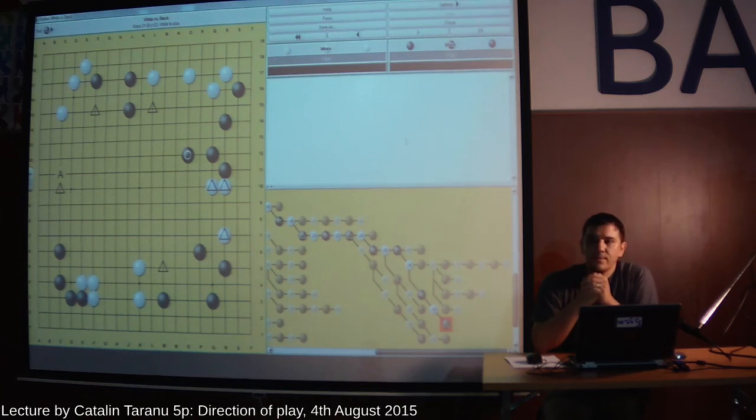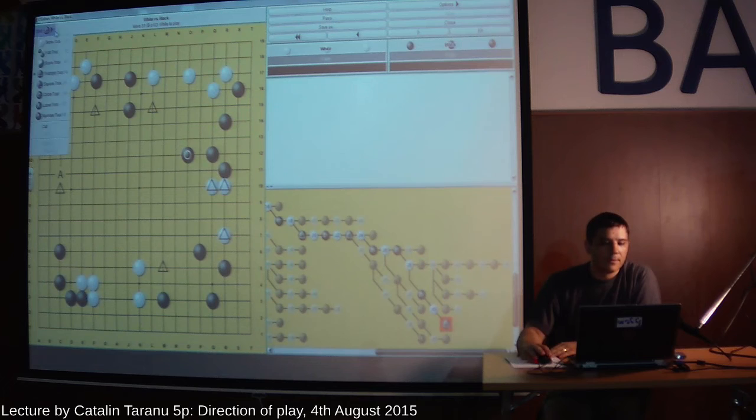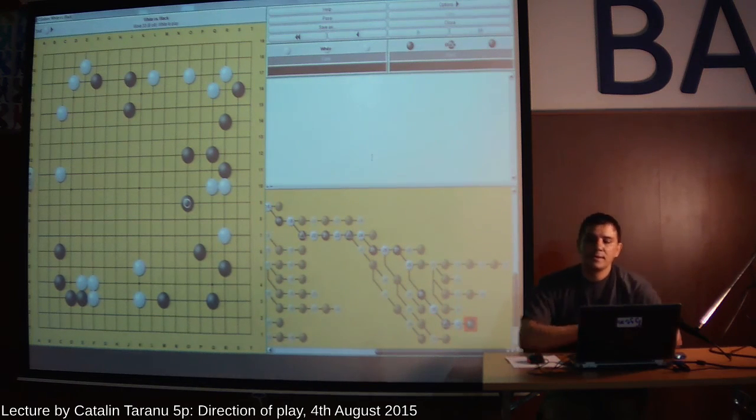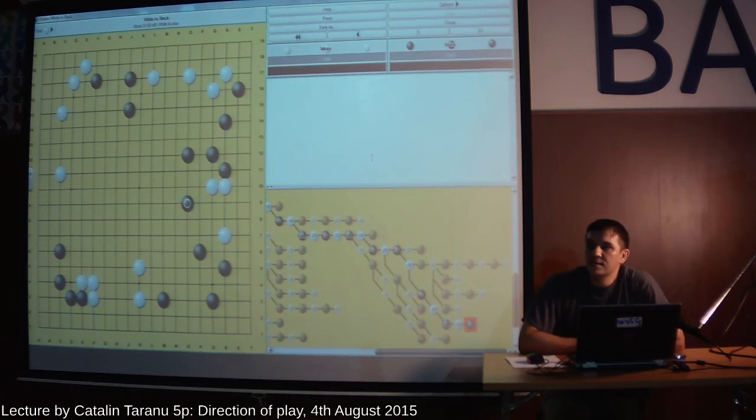The idea is that, okay, let's say we take a nice point somewhere on the side. But when the opponent closes this group in like this, White will have to play many moves inside, exchanging inside with outside in order to leave.